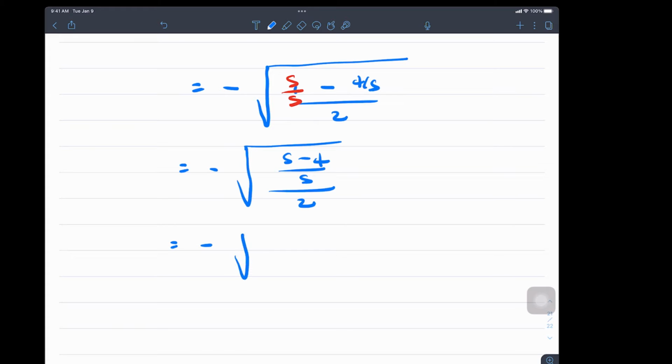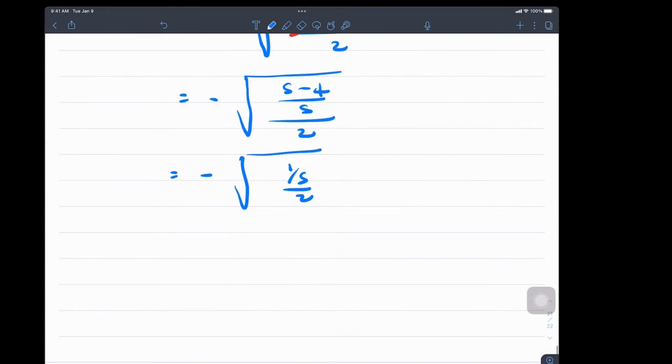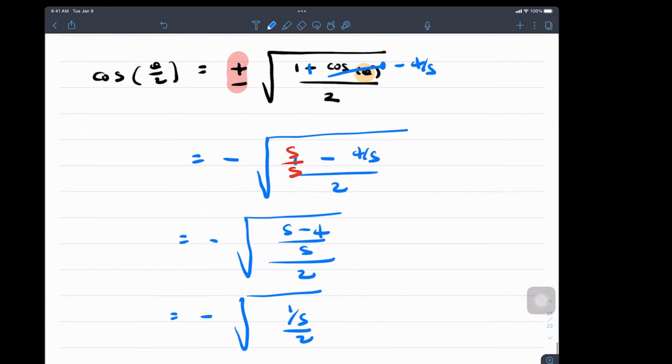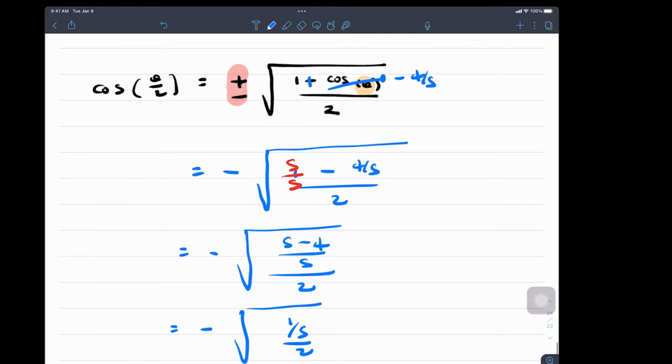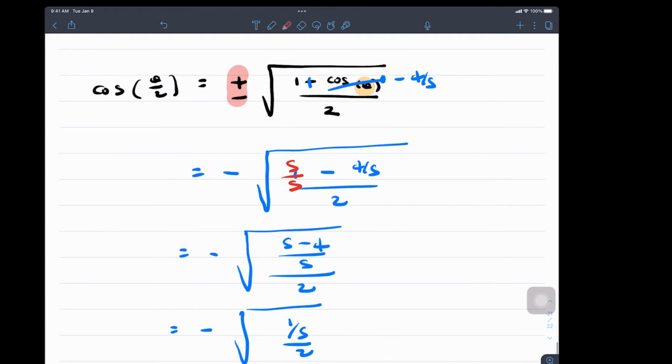So negative square root 1/5 divided by 2. It is negative. But remember the formula is plus, so addition of a negative will make that a negative.